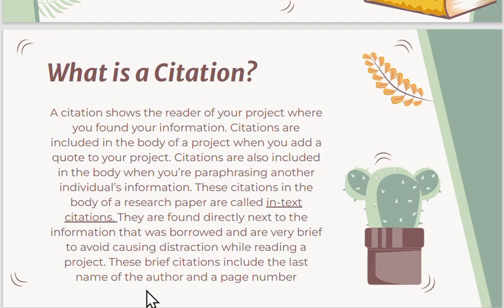In-text citation, because in in-text citation we only mention the name of the author, the year, and the page number. So be careful, you have to mention only the last name, not the first name. Here in in-text citation we mention only the last name of the author, the page number, and also the year.